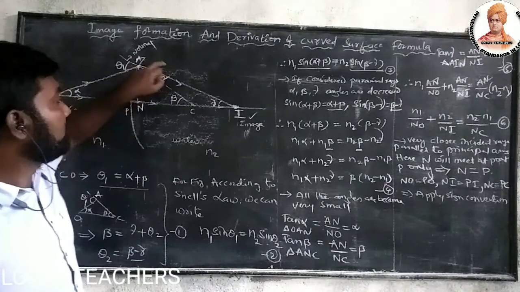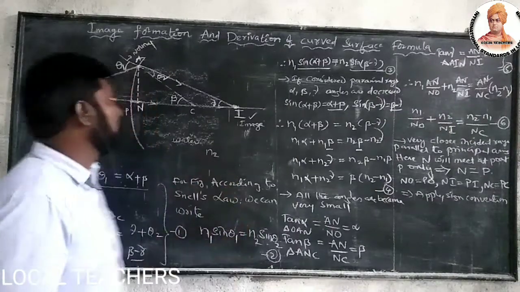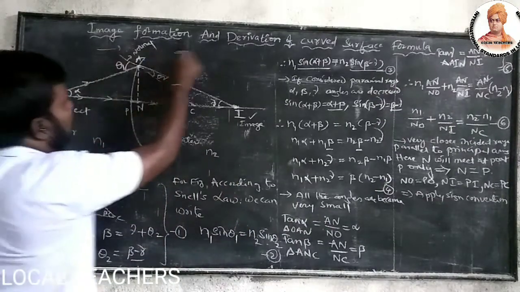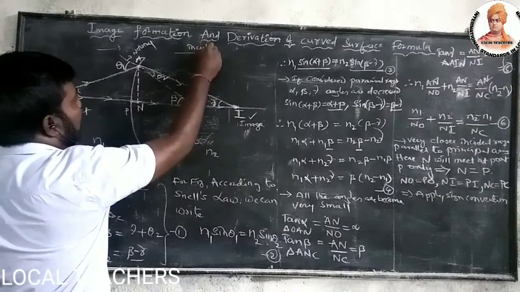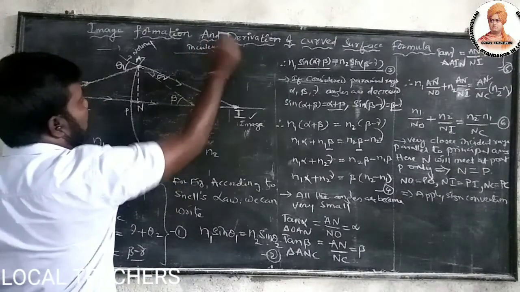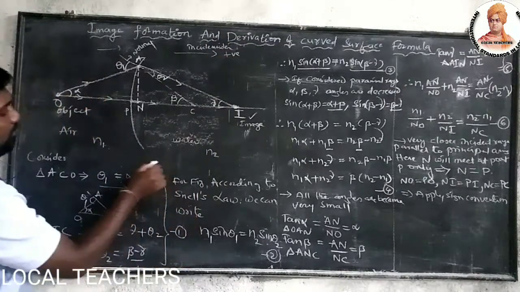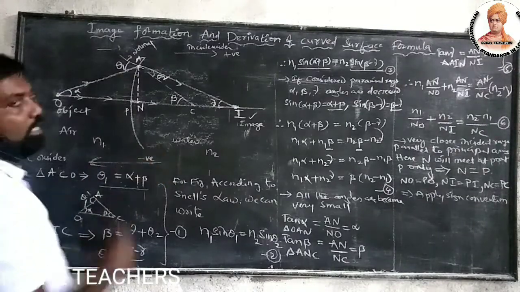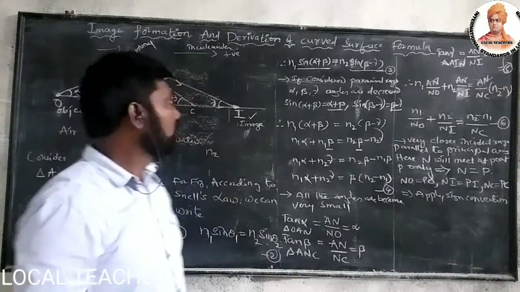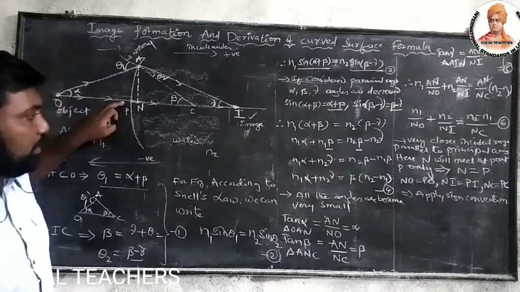If it is measured in the direction of the incident ray, that is positive. If we measure in the opposite direction, the distance is negative. So observe here, we are going to measure first PO.